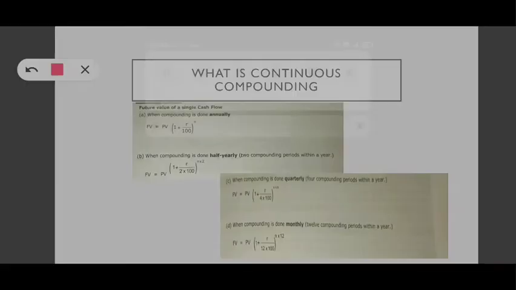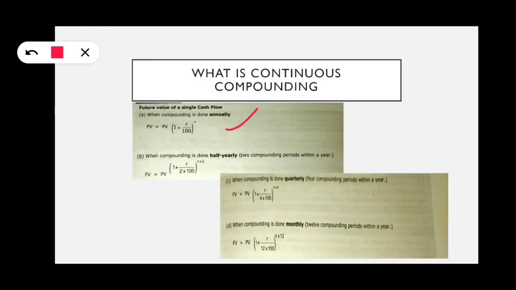Annually: present value into (1 plus r divided by 100) whole power n. When it is half yearly, like HDFC bank: present value into (1 plus r divided by 2 into 100) whole power 2n. Likewise quarterly and monthly formulas we know, as we learned in CA Inter.